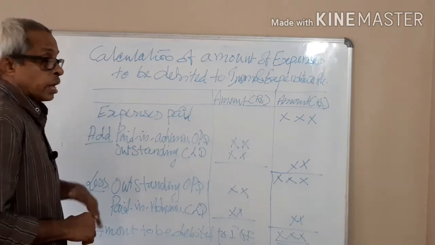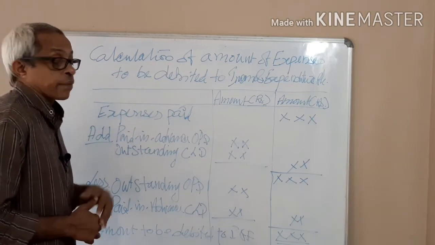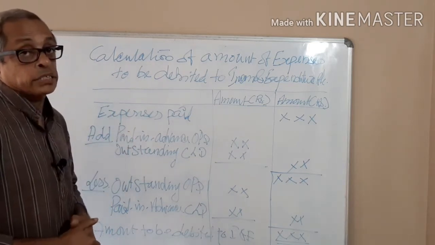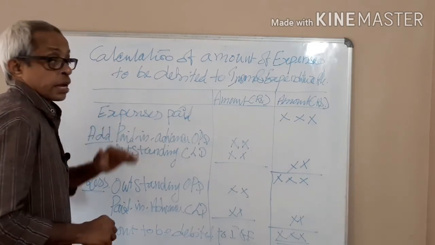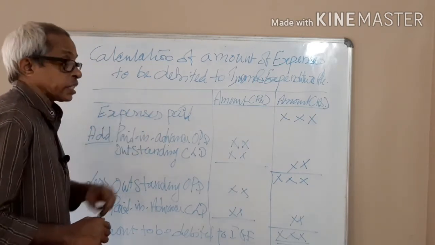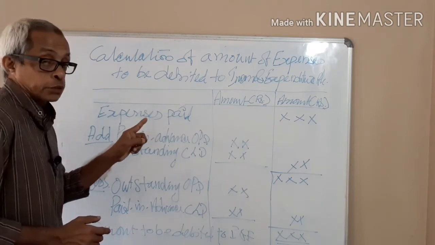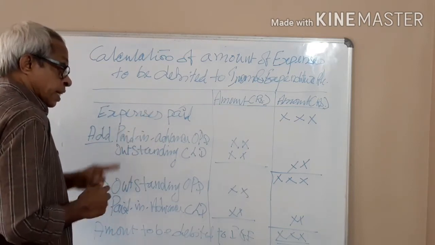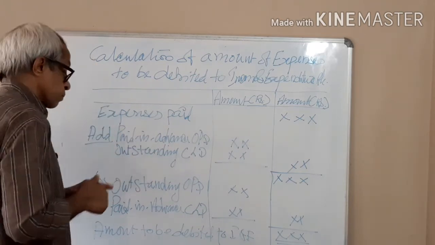First of all, the item to be written is expenses paid during the current year, which is taken from the payment side of the receipts and payments account. Then we add 2 items, that is opening date balance of expenses paid in advance, then the closing date balance of expenses outstanding.